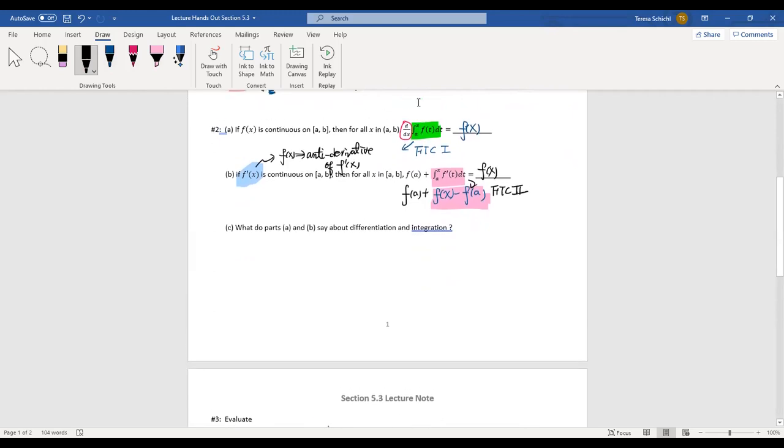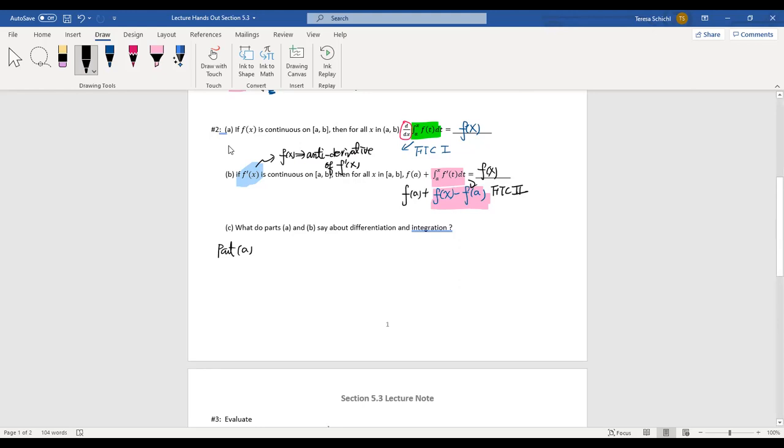Okay, and then part C, they say, hey, we did these two parts. What do part A and part B say? So, take a look at part A. You take the integration, then you take the derivative, and it becomes itself.